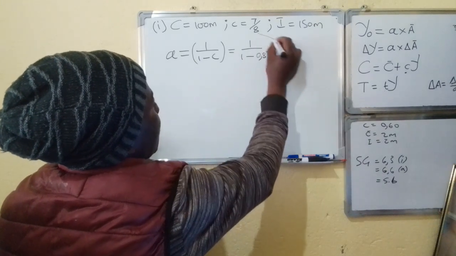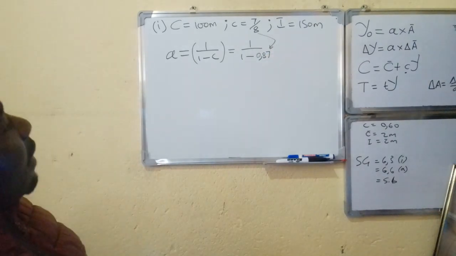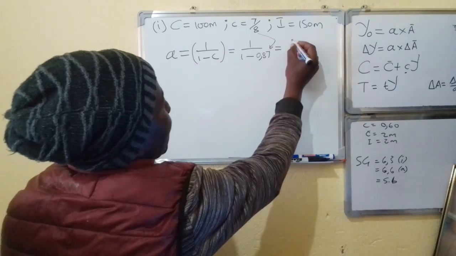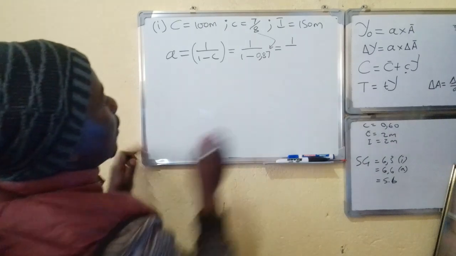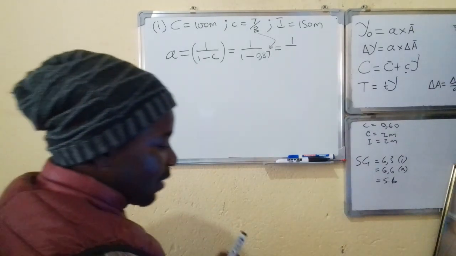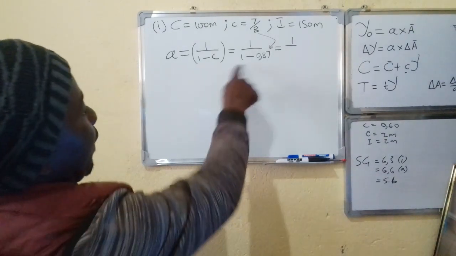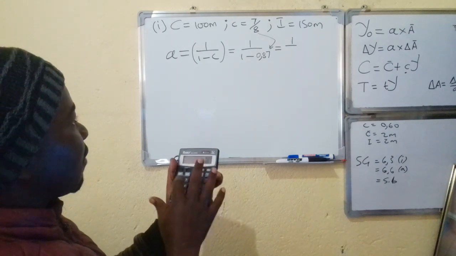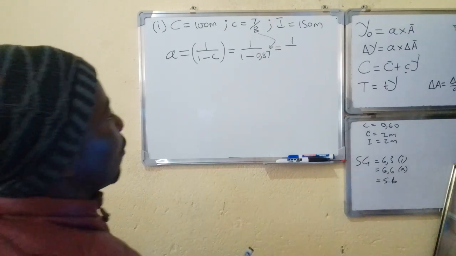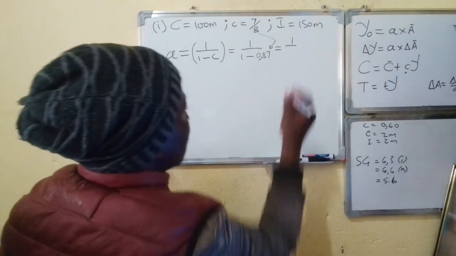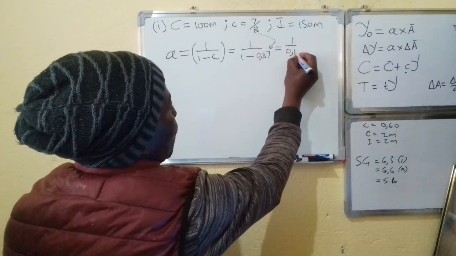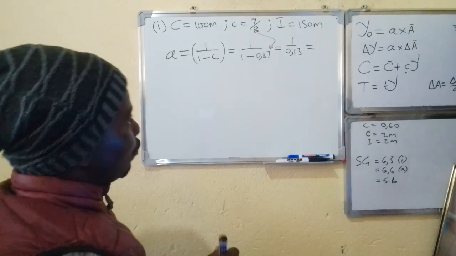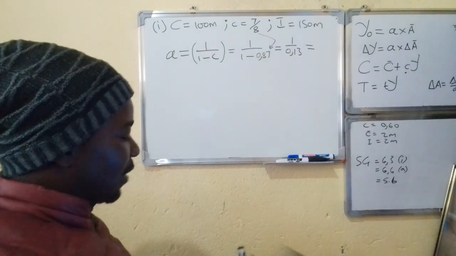Okay? Let's move on. We have our 1 over 1 minus 0.87. What do you get? 1 minus 0.87. You get 0.13. So our multiplier equals 1 divided by 0.13.